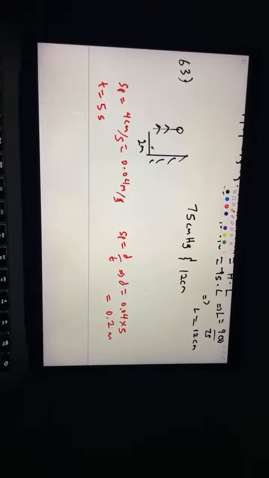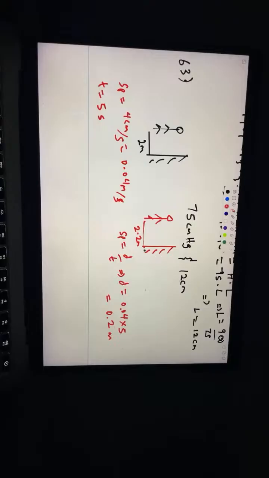So that means that the new distance of this girl in front of the mirror will be 2.2 meters.